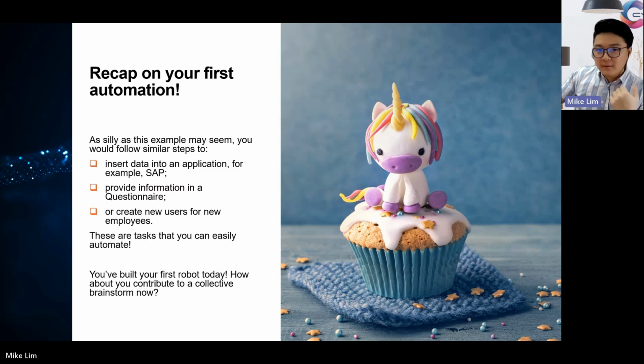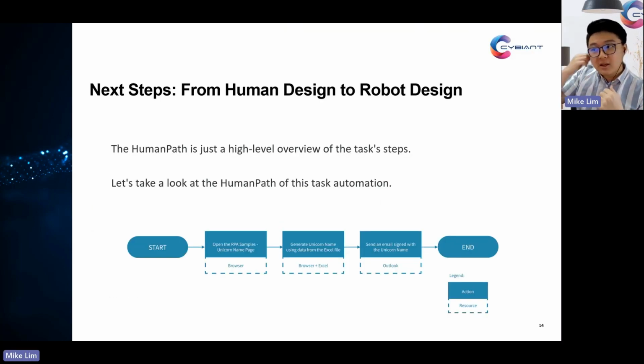The next step is something that we call human design to robot design. We are talking about the human path in getting the task done. For every project you have a start and an end, and along the process, for example the process that we created the robot for just now, for a human, how we complete the task is basically we open up the RPA sample web page.